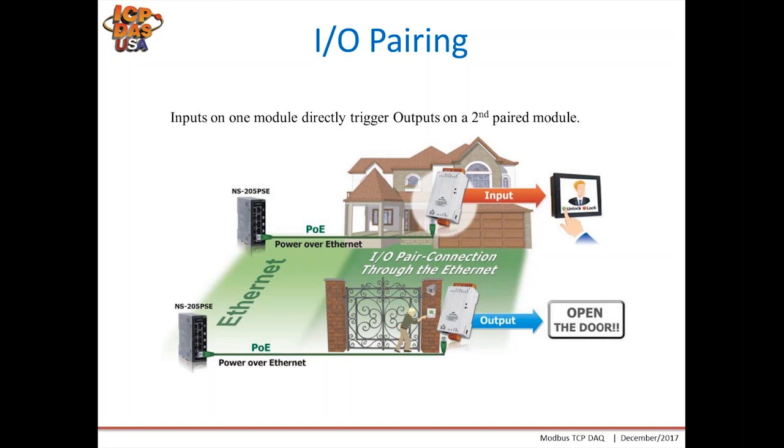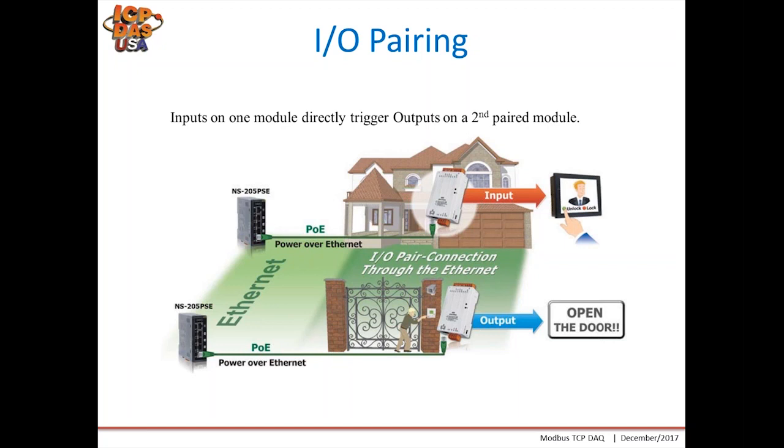When somebody presses the doorbell, it notifies by using an output that somebody is at the door. Then you can press a button and trigger the door to be open. So it's not automatic, but with the pairing feature, an input on one module could trigger an output on the other module and vice versa.